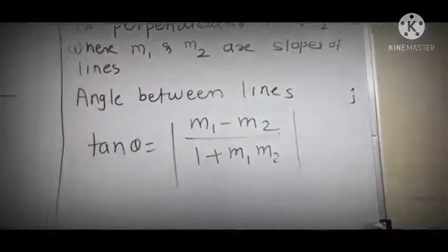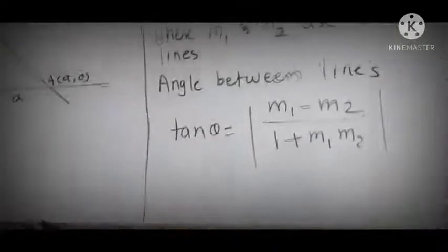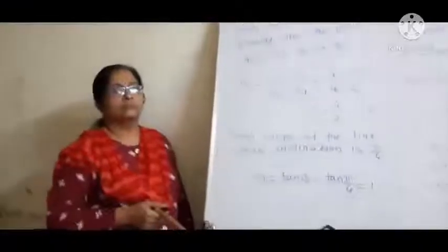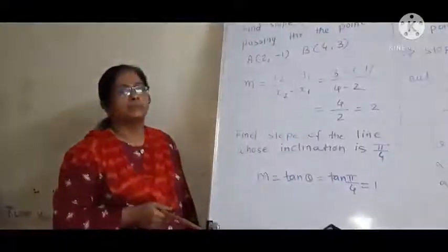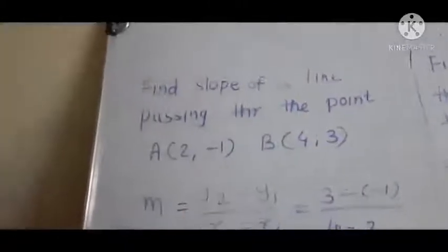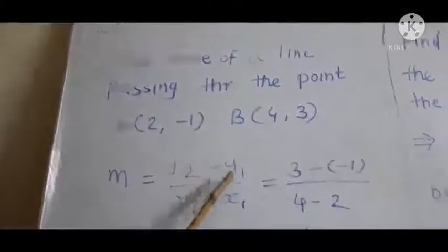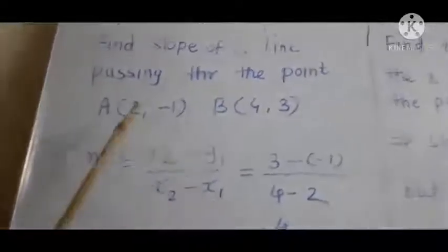Now we can see examples based on this. See the example: find the slope of the line passing through the points A (2, minus 1) and B (4, 3). We have seen the formula for slope. m is equal to (y2 minus y1) upon (x2 minus x1), where these are (x1, y1) and (x2, y2).